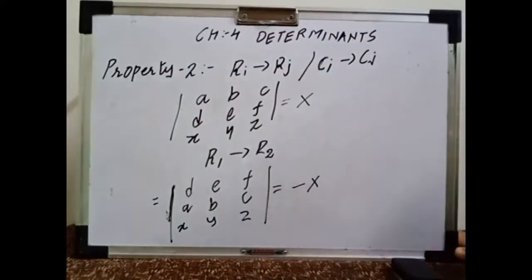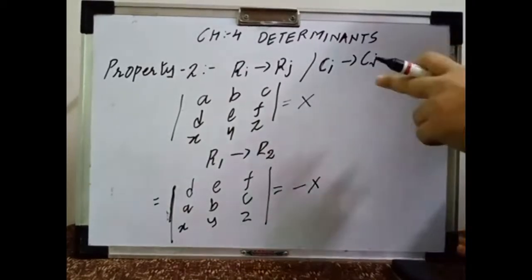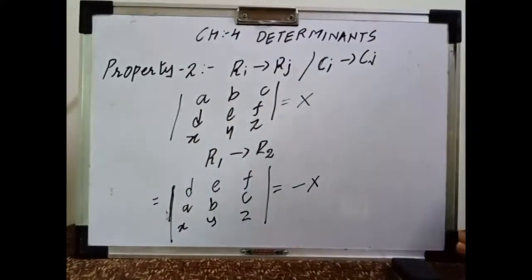So applying this property will change the value of the determinant. To compensate for this, we'll keep one thing in mind while applying this property: I will change the sign of the determinant.